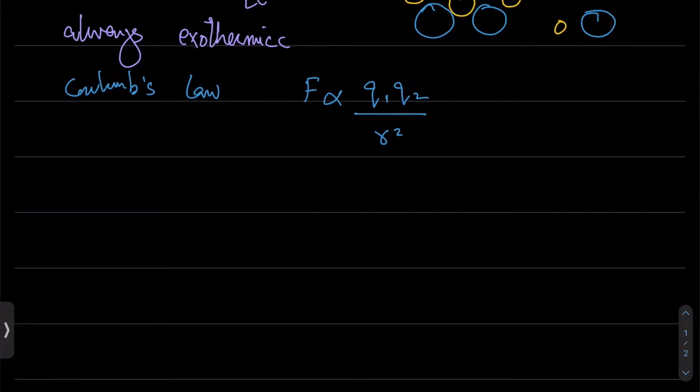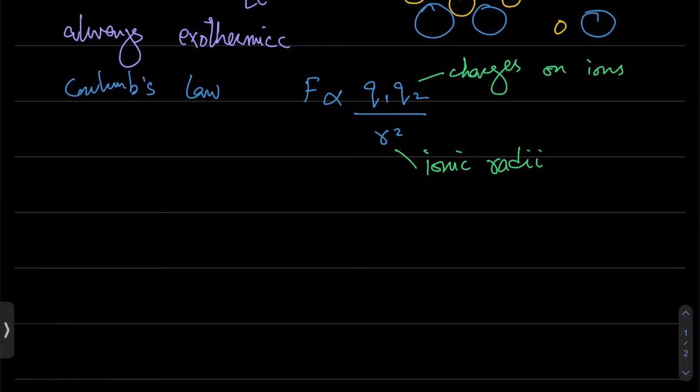So the charge, if it is higher, the force is higher. And the r over here is the distance between them. And we will take that to be the ionic radius or ionic radii, because we're talking about 2 ions, so we'll add the radii together. And these are the charges on the ions.